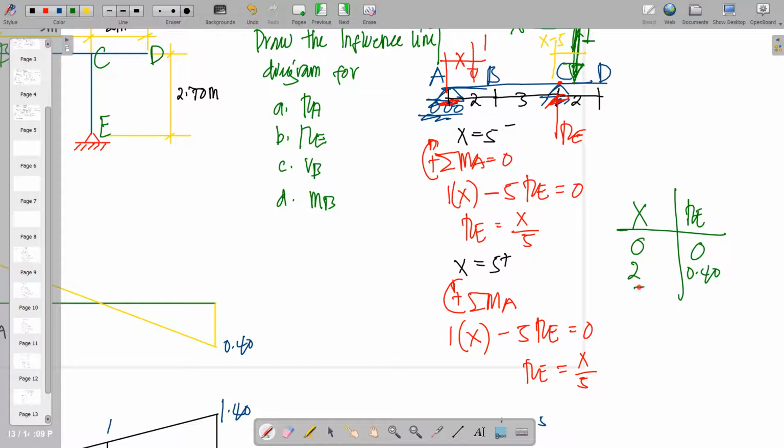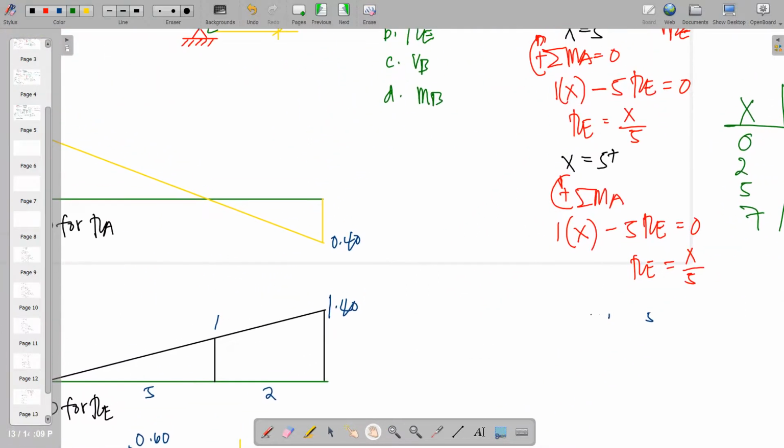And then when x is equal to 5, that is equal to 1, 5 over 5. And then when x is 7, 7 over 5 is 1.4. So if we are going to plot that one, we have this.